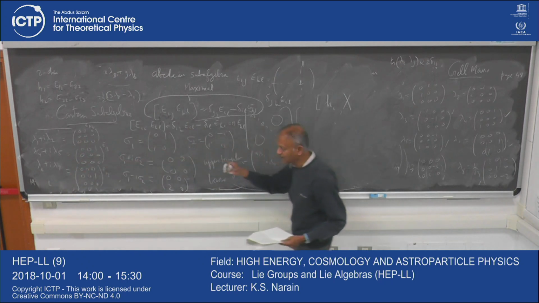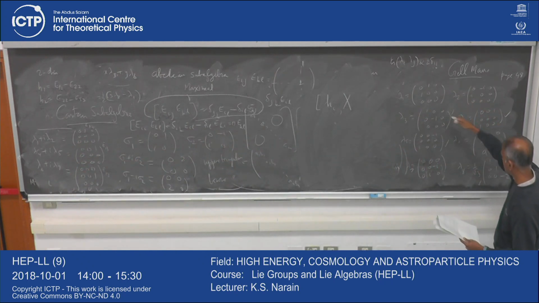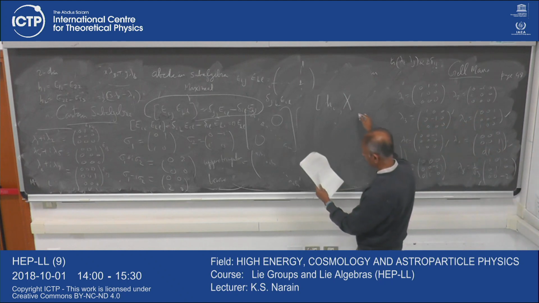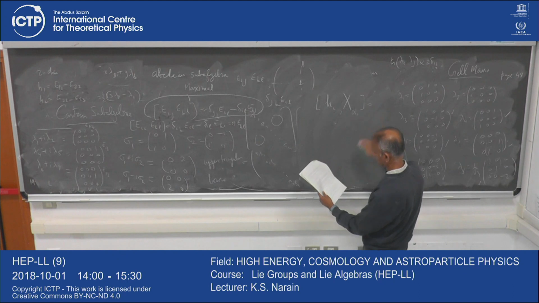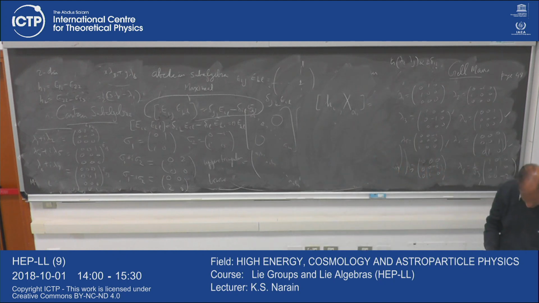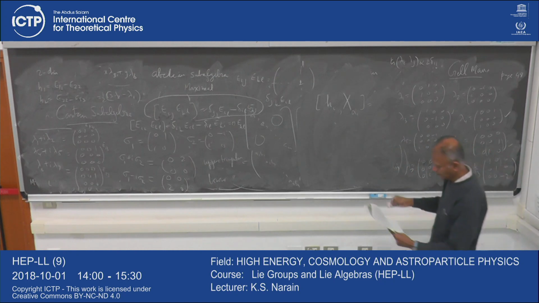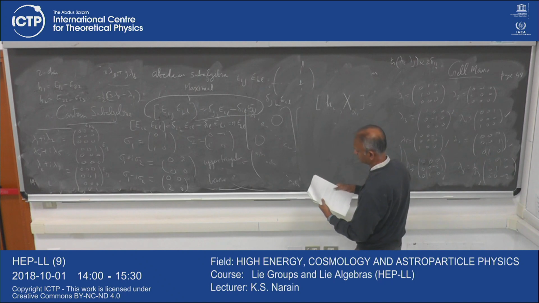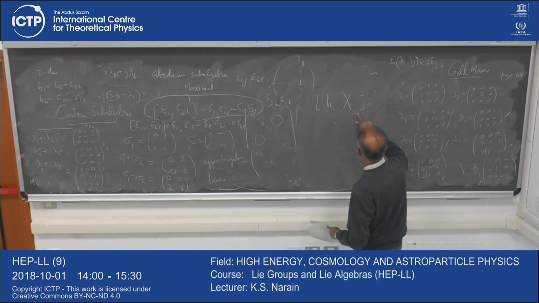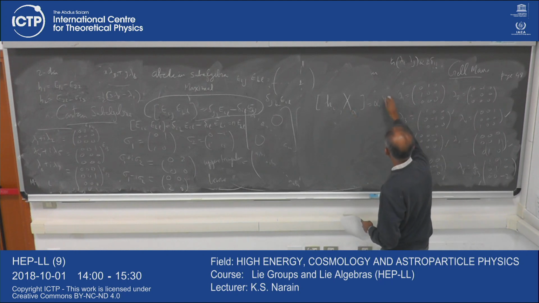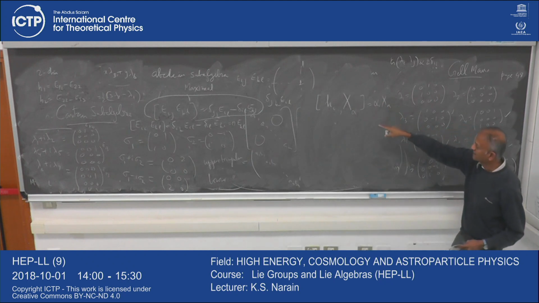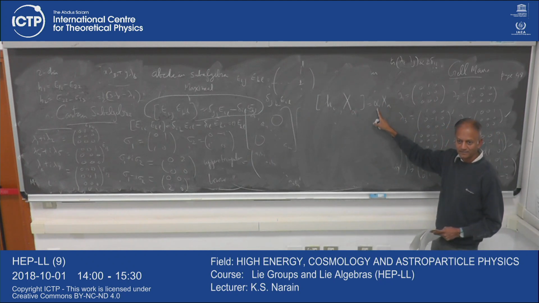But in general, now I'm talking about some combinations of the remaining guys, not the Cartan ones, the remaining ones, and I call this, just as notation, X alpha. Then this is alpha I X alpha. So what we are saying is these are eigenstates with the eigenvalue alpha I.